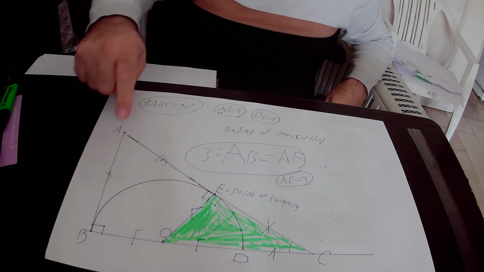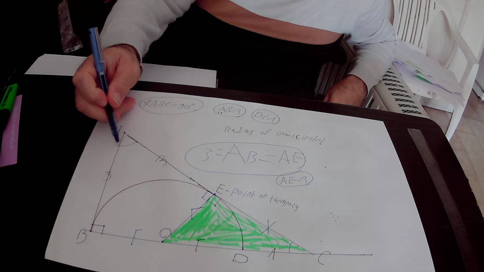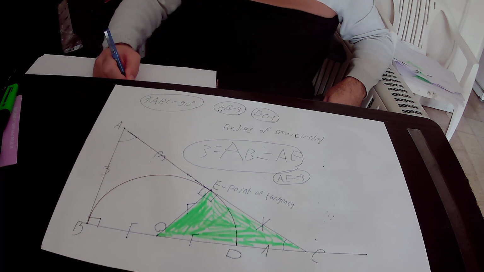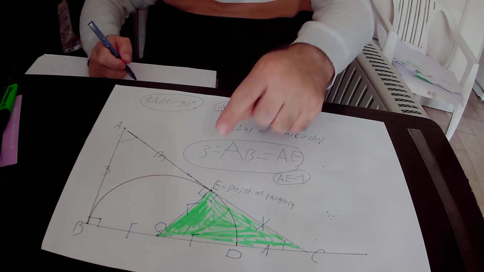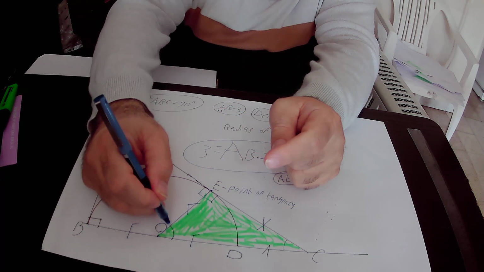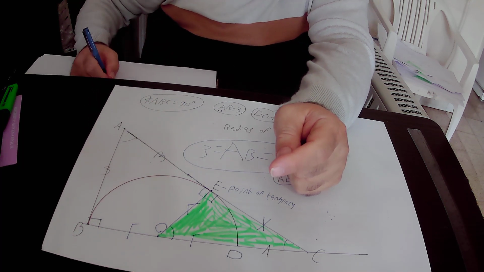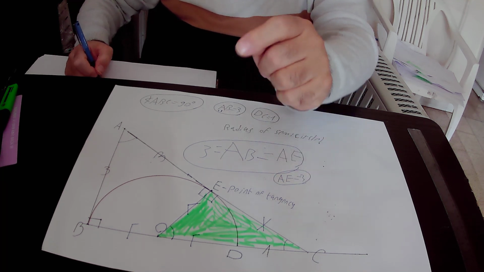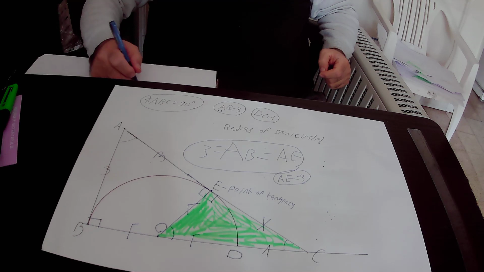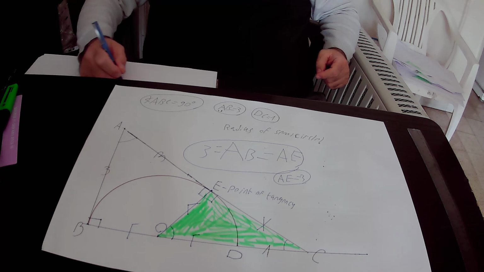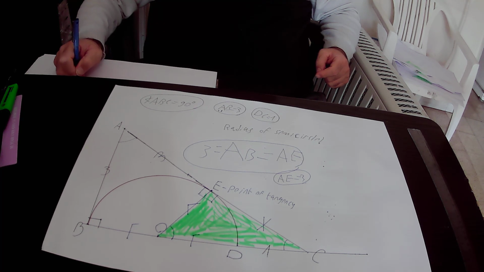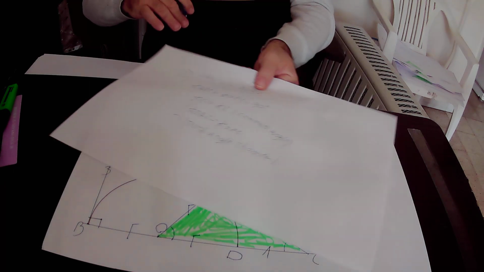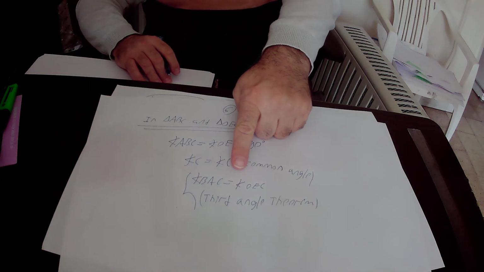So angle BAC, this angle in triangle ABC, is equal to this angle, angle EOC in triangle OEC.